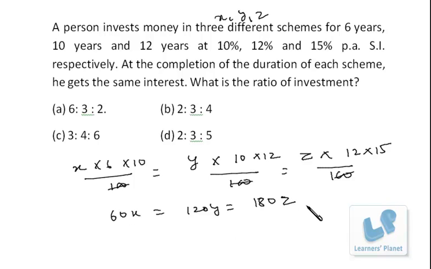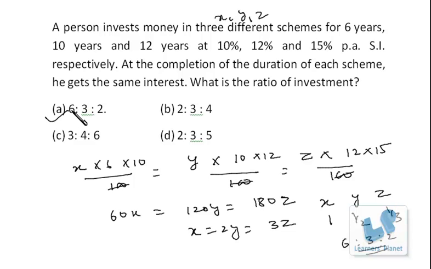So we could divide the expression by 60. So it will be x is equal to 2y is equal to 3z, or we can say x, y, z is 1, 1 by 2 and 1 by 3. Okay, or you can say 6 is to 3 is to 2 ratio. Okay, very simple.